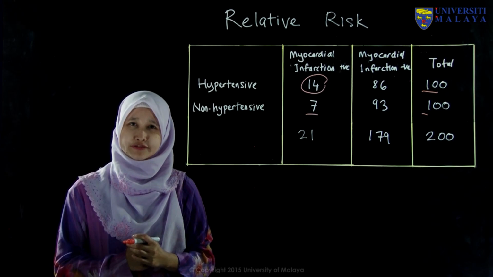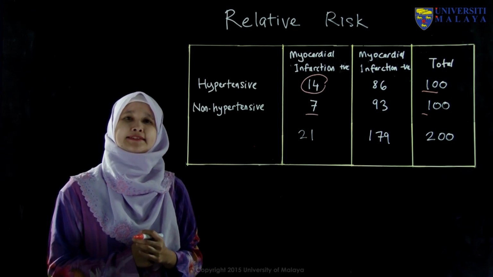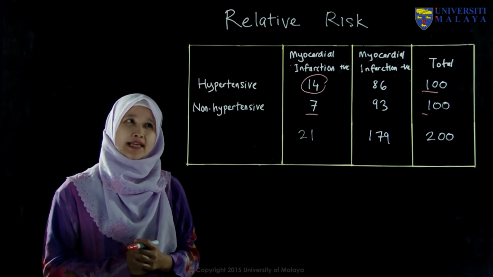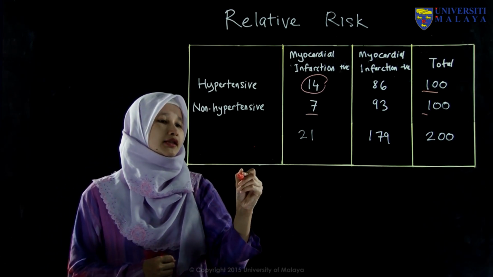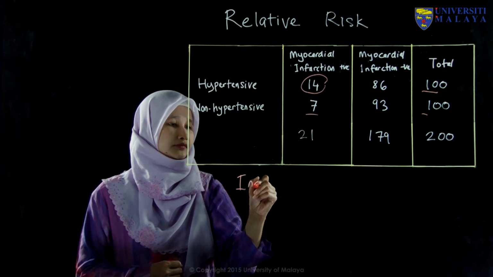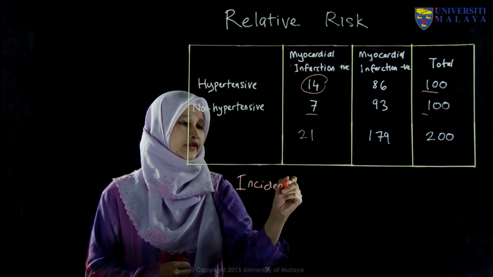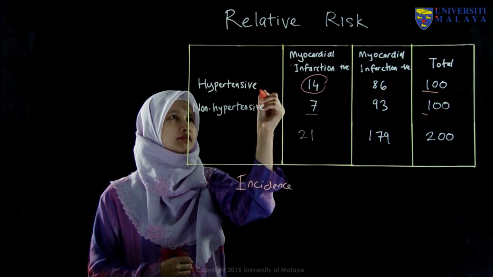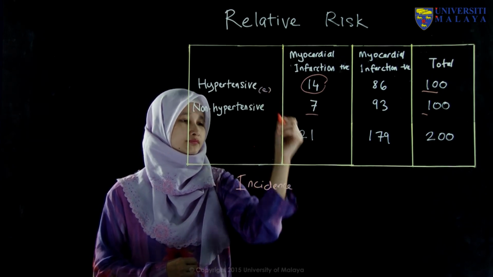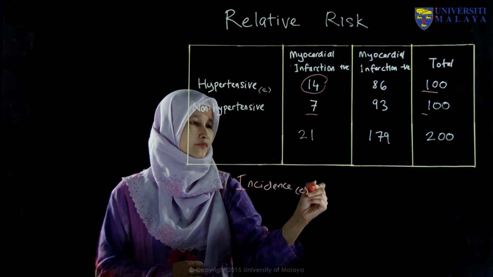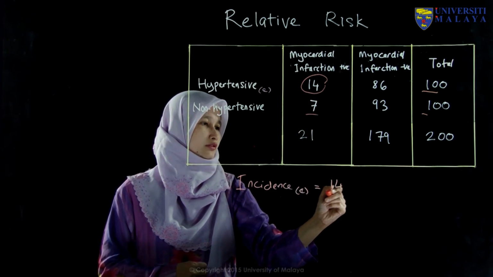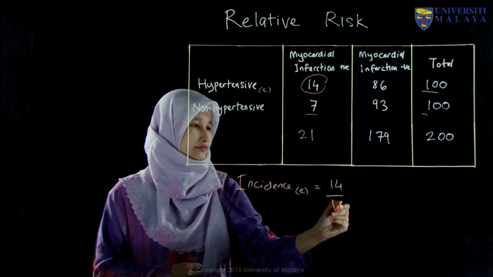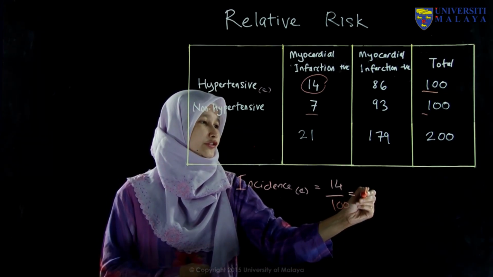So, to calculate relative risk, we need to calculate the incidence of the outcome or cases in each group. In this case, the incidence of MI in the exposed group is equal to 14 over 100, or 14%.